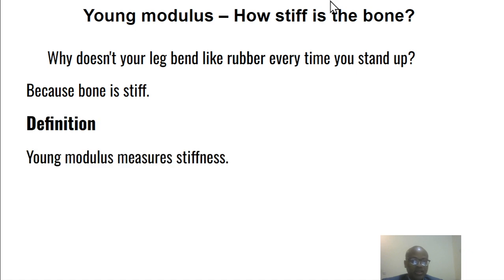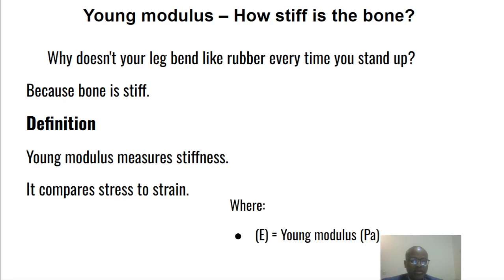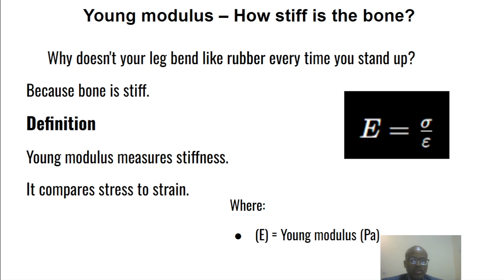All right. So the Young modulus actually is a measure of stiffness. It's a very important measurement in engineering and in biomedical science because it measures the stiffness of a material, stiffness of bone, steel, concrete, wood, any material, and it does that by comparing stress to strain. That's why Young modulus is actually a comparison of the stress on a material over the strain produced.